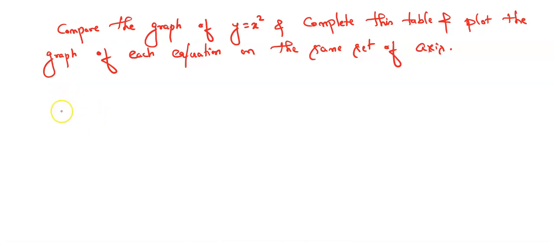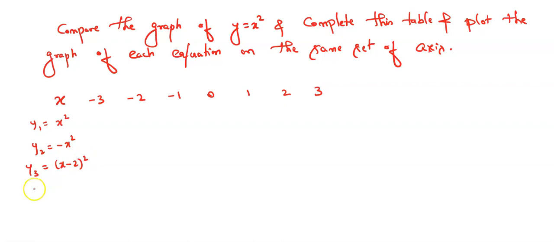Let me take down the values of x: minus 3, minus 2, minus 1, 0, 1, 2 and then 3. Let me take first y1, that is x square, y2 is minus x square, y3 is x minus 2 whole square, then y4 is x square minus 3.